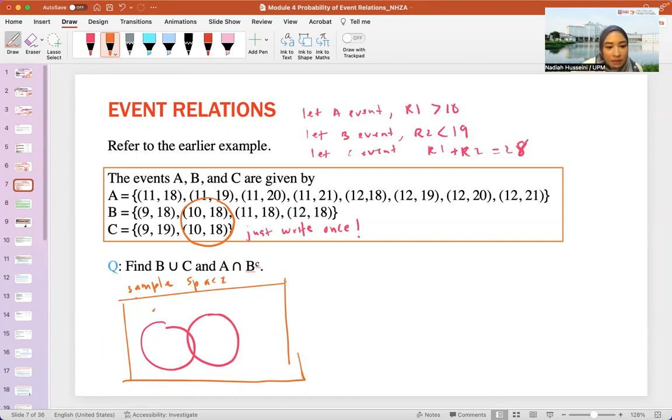Let's say this is event A and this is event B. Which portion should I highlight to indicate A intersect with B complement? Which part should I highlight? The middle one. Sure? So someone is saying the middle one. Is that B complement or not?